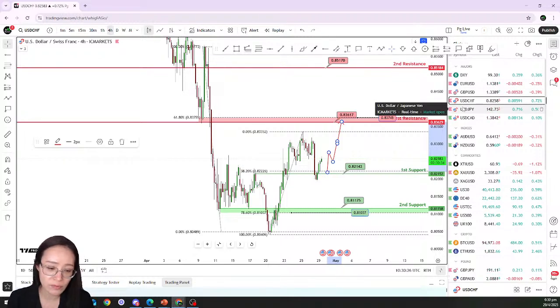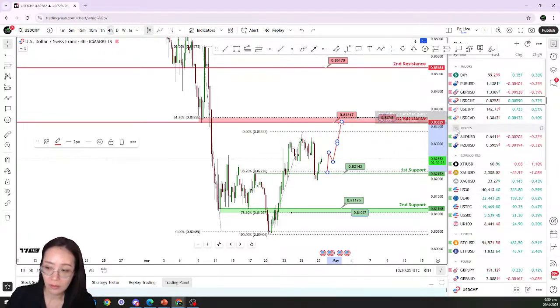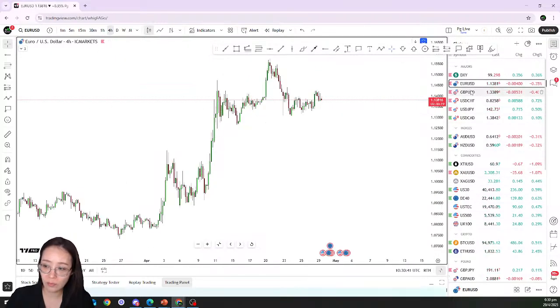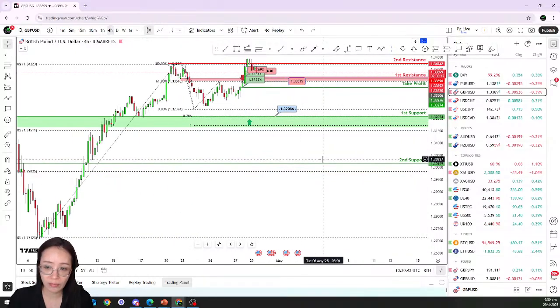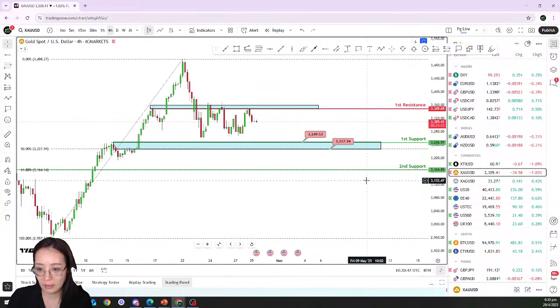Try not to trade pairs that are not majors, because there's no volume and the spread is quite high. Myself, let's say if I short gold, then I will short EURUSD, I will short GBP, because they move in the same direction. But sometimes gold has a positive correlation with the dollar, but most of the time they are negatively correlated.